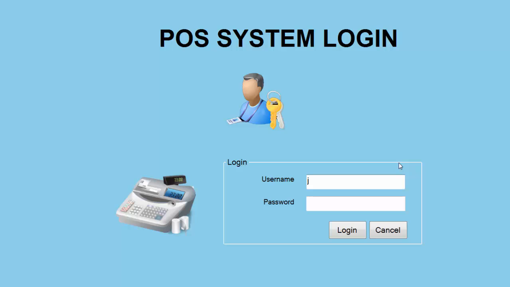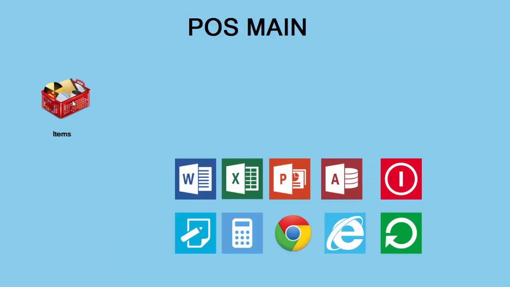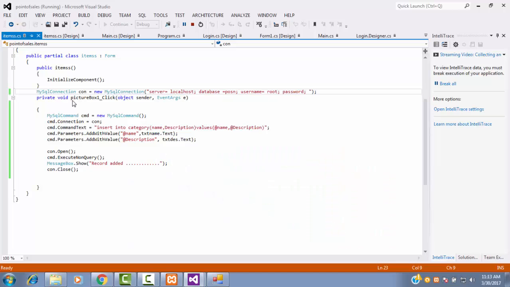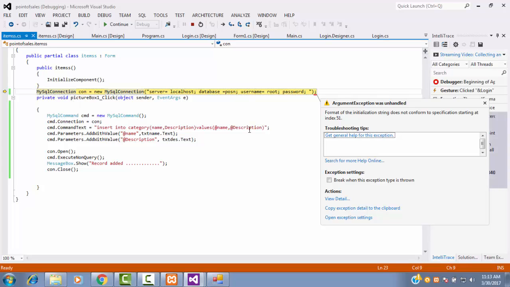First, John 1 2 3, select the item. Some problem with the initialization, does not specify the starting error, some error occurs.